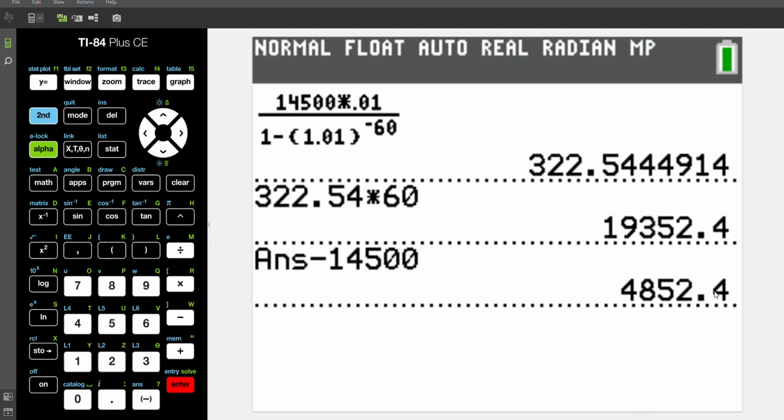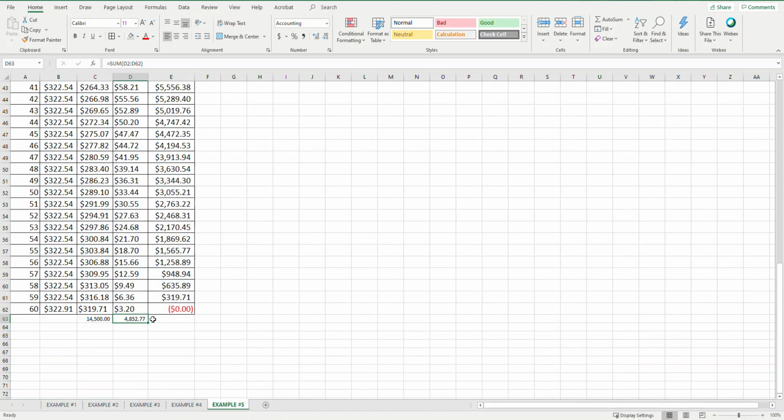Well, look back over here. We figured out that approximately the interest is going to be $4,852.40. But that was when we assumed that every payment was going to be $322.54. To explain why it's off by 37 cents is exactly why we had to adjust in the first place.